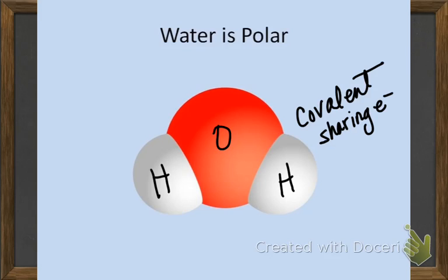So what happens is the little electrons are moving around, but oxygen is big and it doesn't share equally, so it gets the electrons most of the time, which gives it a slight negative charge, which means the hydrogens don't have the electrons and they get a slight positive charge.